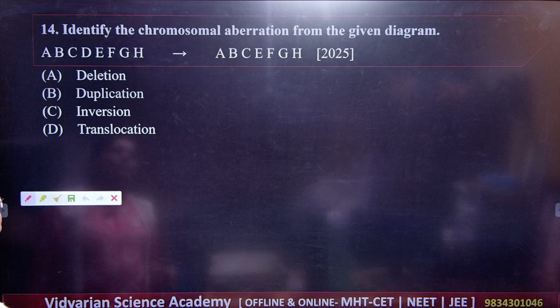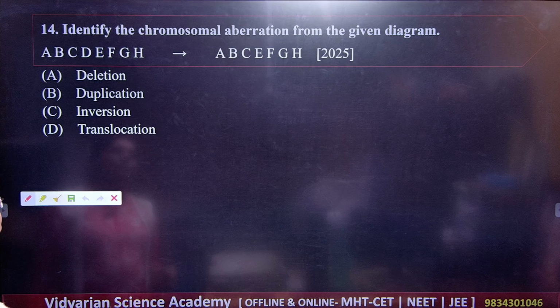Okay. Which one of the following is not the cause of genetic variation? So let us see what are the options given. Crossing over during meiosis, then sexual reproduction, then mutation in DNA, and asexual reproduction. Okay, so what should be your answer here? Your answer here is D, of course.